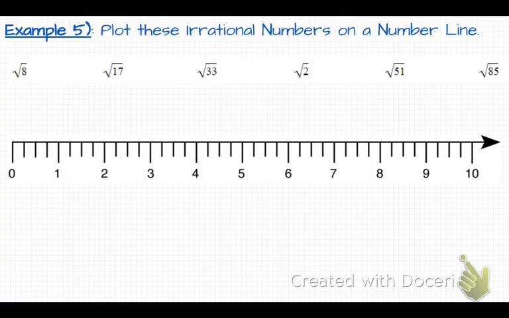Here, we have example 5. Plot these irrational numbers on a number line, okay? So I want you to copy down this number line. You don't have to put all the tick marks in between. That was just for your convenience. But if I fill in all of the perfect squares I just had, I'm going to write all of these here as well, okay? So I'm going to put these so you have some frame of reference.